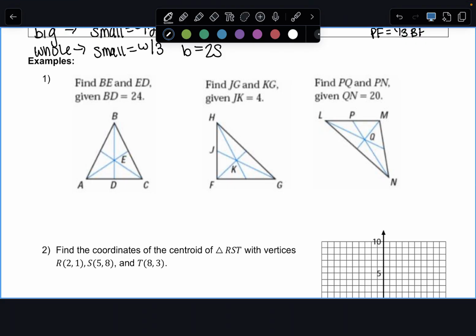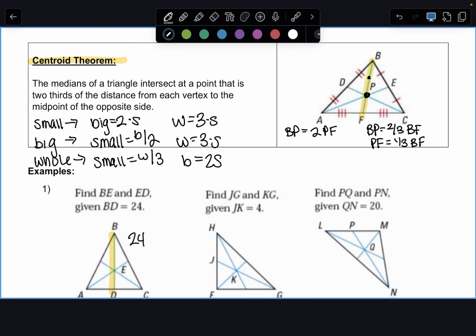It says BD, so this whole thing is 24. Okay. Does BD represent the whole thing, a big piece, or a small piece? What do we think? Is it the whole median, or does it stop in the middle? It's the whole thing. Okay. If we start at the whole, I need to immediately try to get to the small.